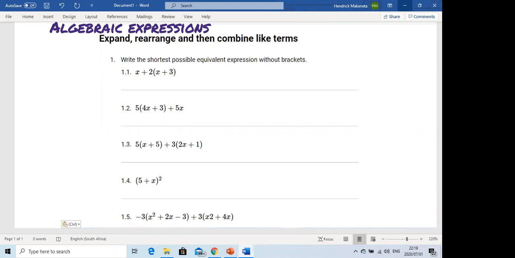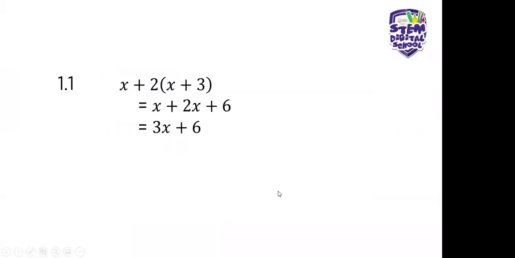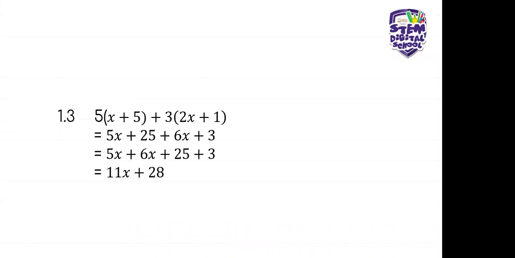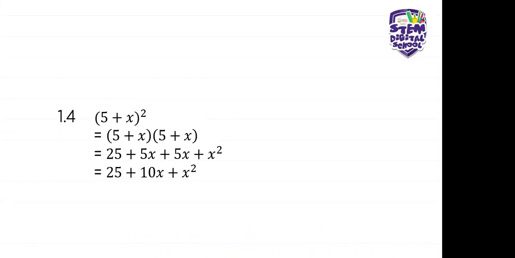In this case, you do the same. 5 plus x all squared means that you multiply 5 plus x by itself. And by the way, we've done 1.2, 1.3. So in 1.4, you can see that 5 plus x can be multiplied by itself.